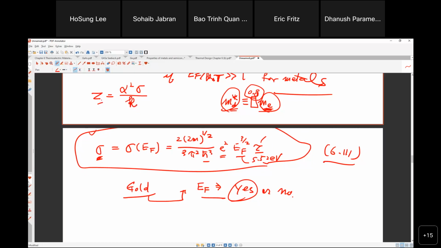So it's important. According to this, we can see that near the Fermi energy is important, because the energy is a distribution, but near the Fermi energy is meaningful, it turns out.